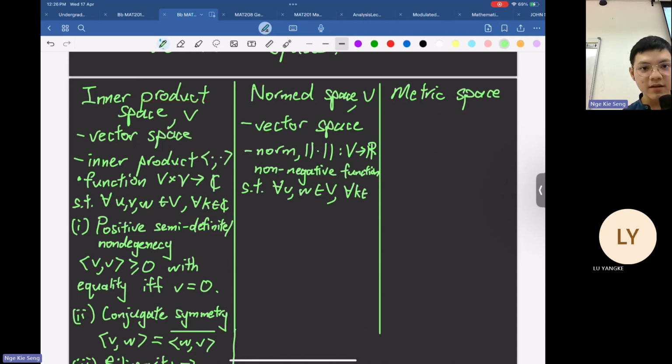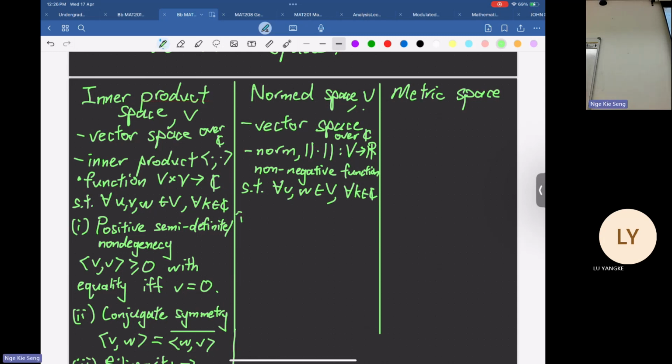Should we fix the scalar around R? No, we fix it as the field over which this vector space is defined. Should we set our field as C? Let's fix C, so this is a vector space over C, previously also over C. So these are my scalars.